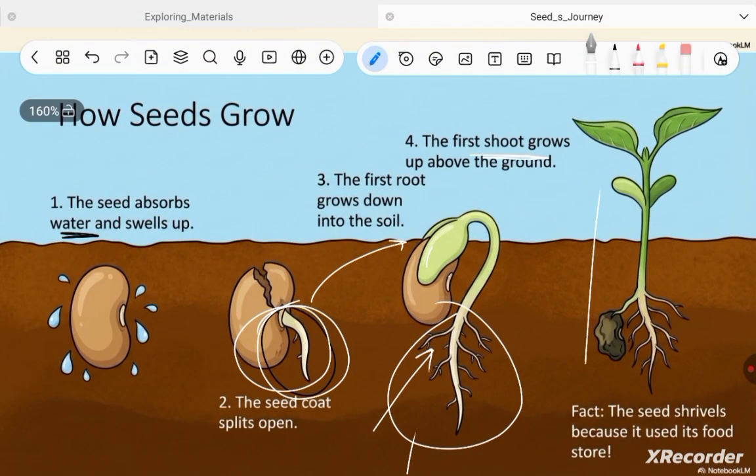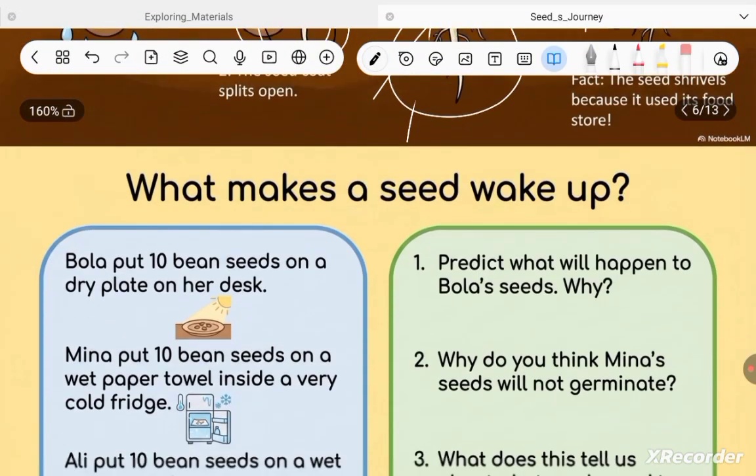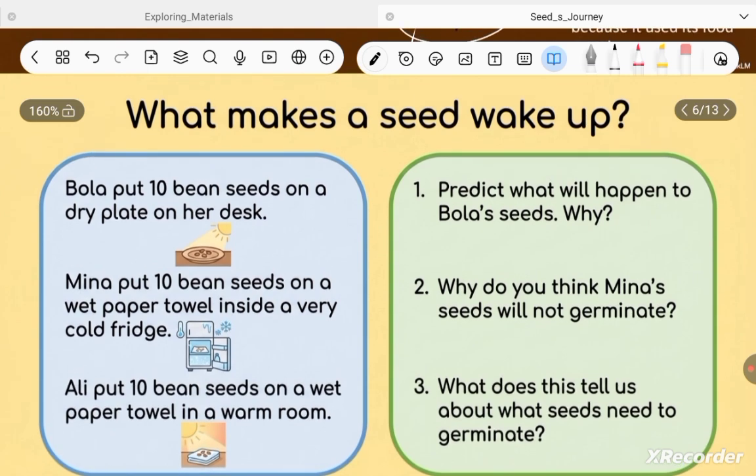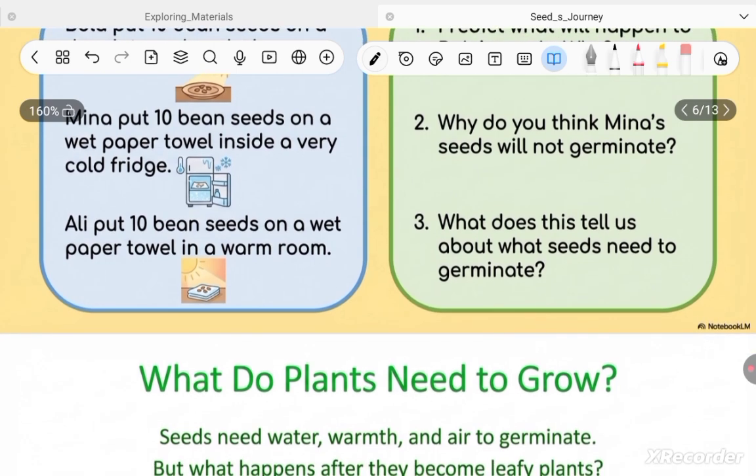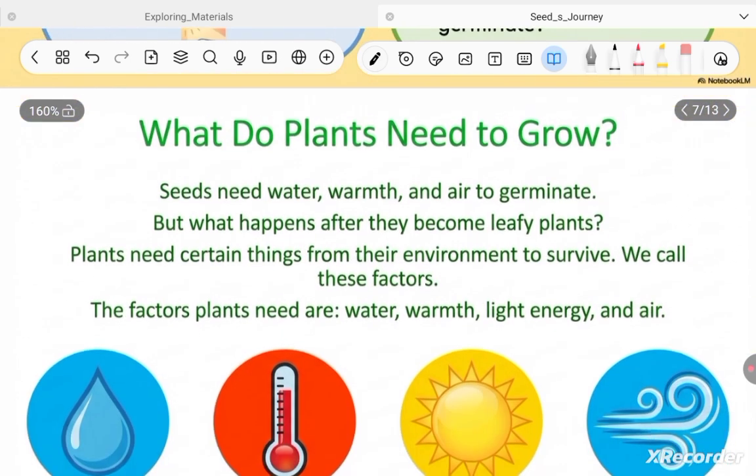So that's how seeds grow. So what makes a seed wake? What exactly makes a seed wake? A seed needs some specific things. What does a seed need? It needs water. A seed needs water, it needs warmth and air.